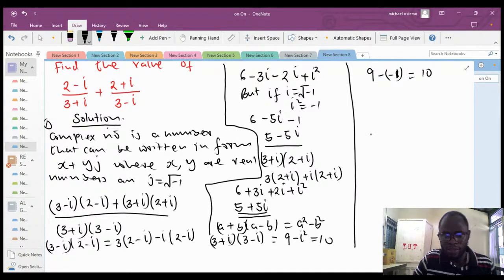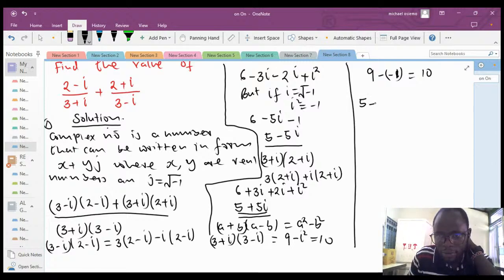So we substitute. Then we are going to have (5 minus 5i) plus (5 plus 5i), and then all over 10.